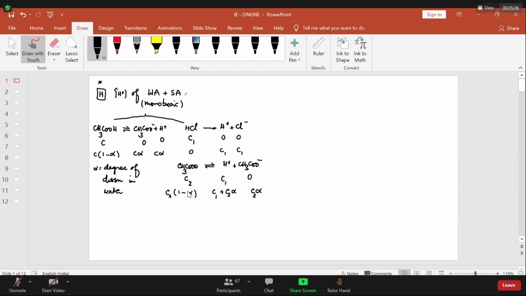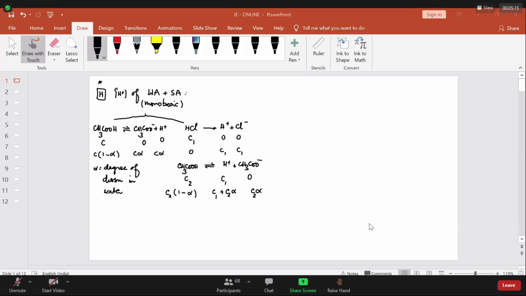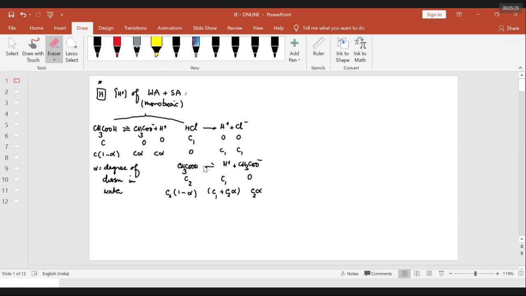The weak electrolyte undergoes less dissociation; its degree of dissociation is further suppressed. We have studied the common ion effect. Because of it, H plus ion concentration is more, so the reaction goes in the backward direction, and therefore the rate of forward reaction decreases. Hence this is the discussion in case of presence of HCl.